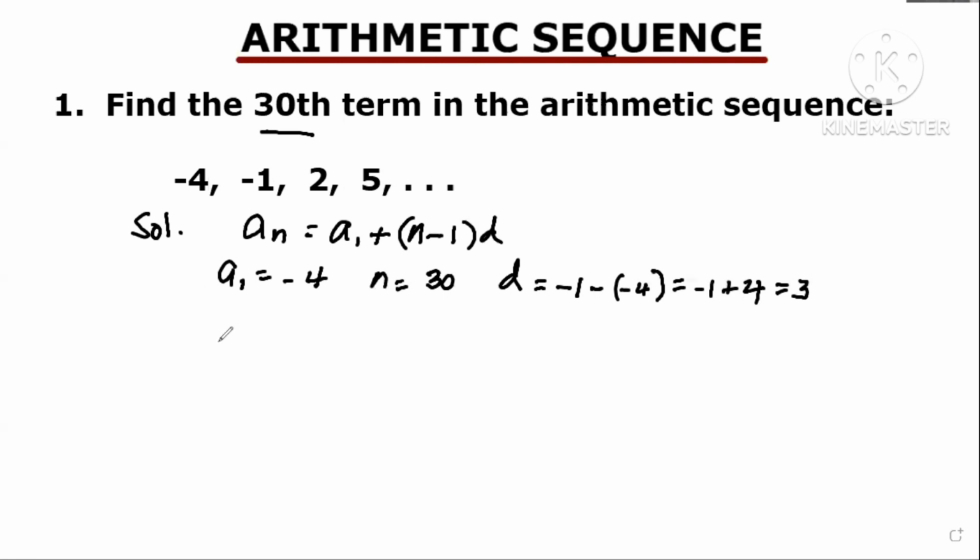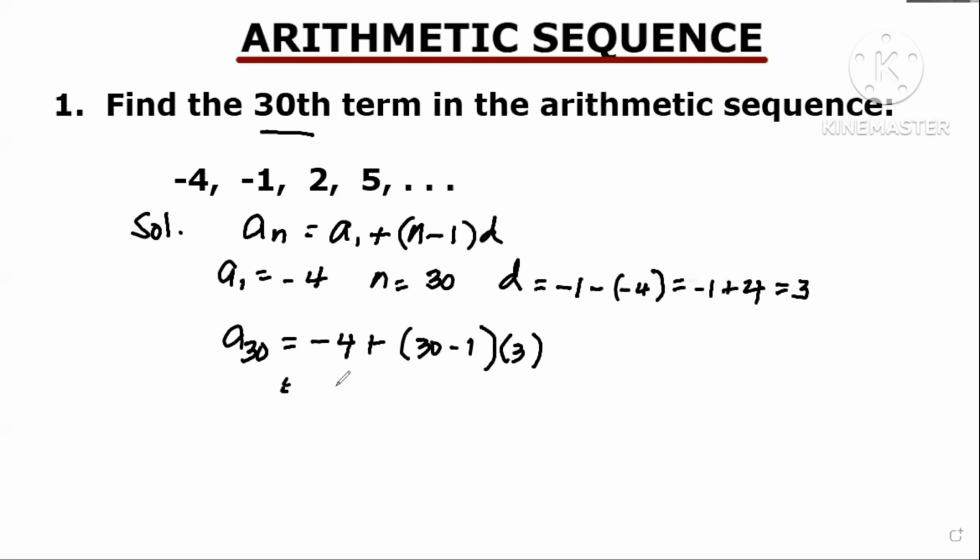All we have to do now is to substitute the values in the formula. So we have a sub 30 is equal to a sub 1, which is -4, plus 30 minus 1 times d, which is 3.